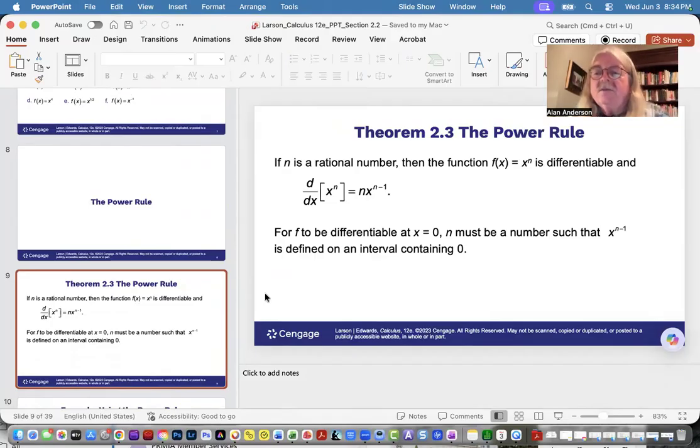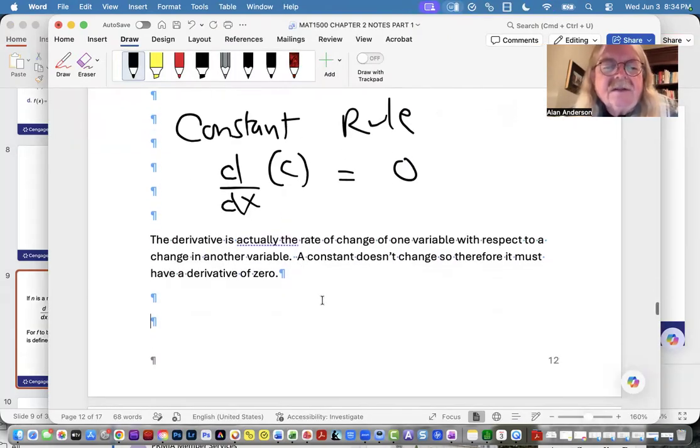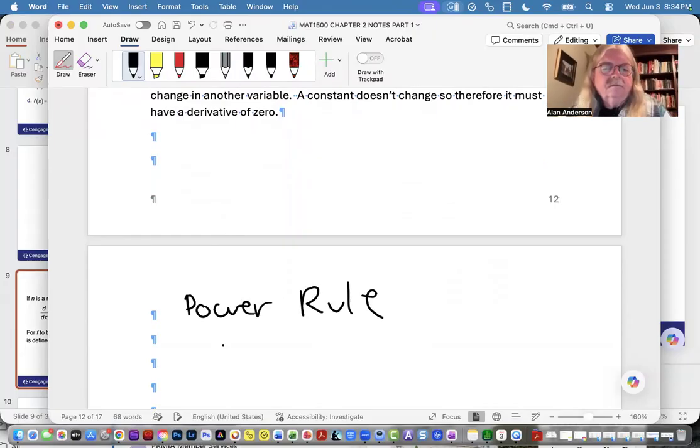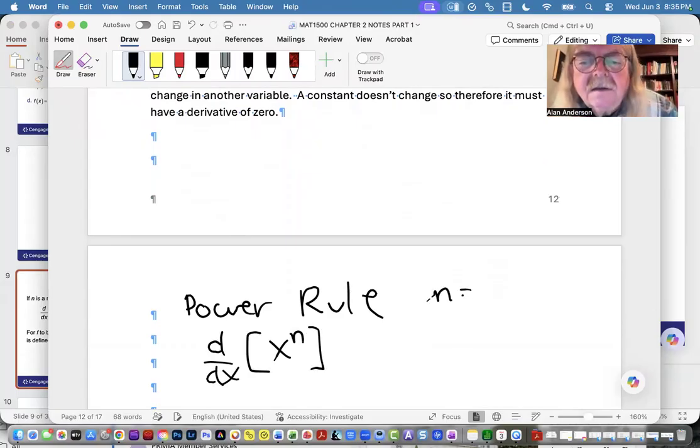Now, this is really maybe the most important of all the rules, the so-called power rule. And the way it works is this. Now, n is a constant.